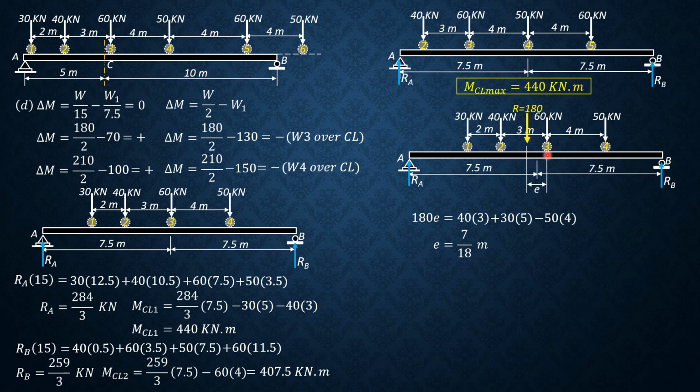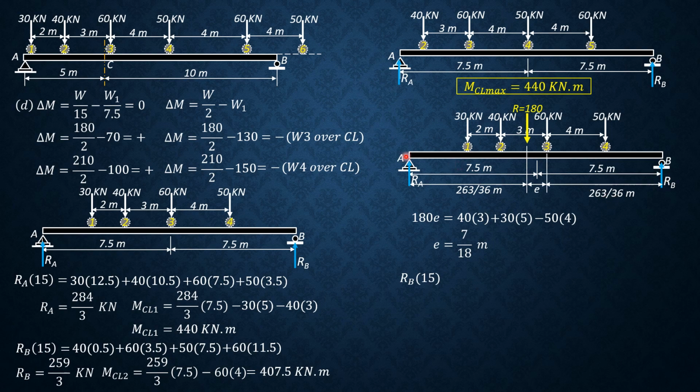So E is 7 over 18 meters. Therefore, E over 2 is 7 over 36. The distance of load 3 from the right is 7.5 minus E over 2, minus 7 over 36. So 7.5 minus 7 over 36 is 263 over 36. Likewise, the distance of R from A is also 263 over 36.